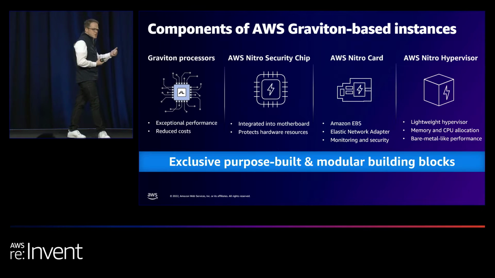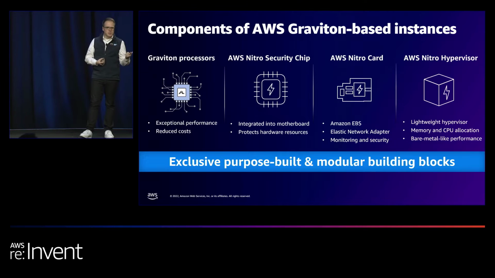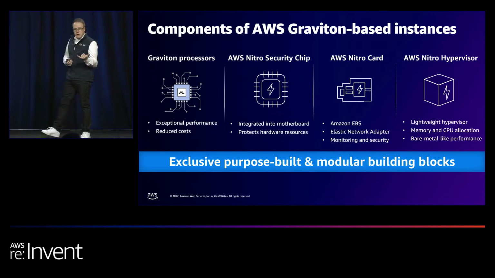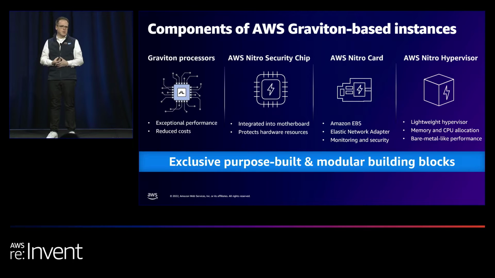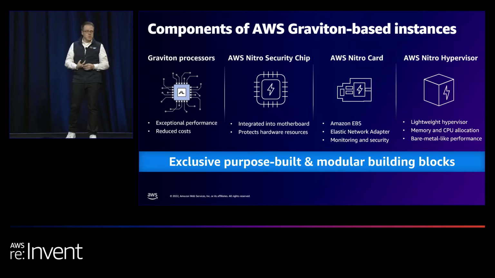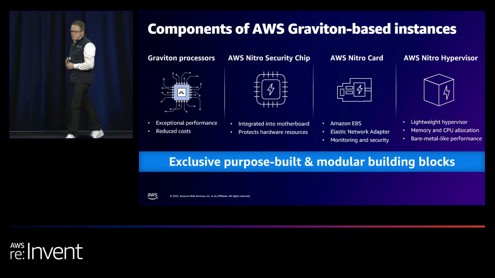So obviously it includes the Graviton processor, there's an onboard security chip, there's the cards I talked about, and then we have a very, very lightweight hypervisor. And what I can say is that in benchmarks, and we've done SAP benchmarks, and we've benchmarked performance against bare metal and these virtualized Nitro instances, we generally see performance differences that are really negligible.